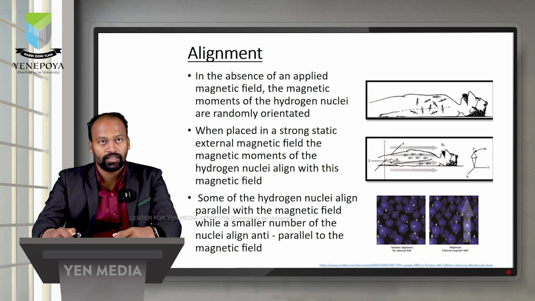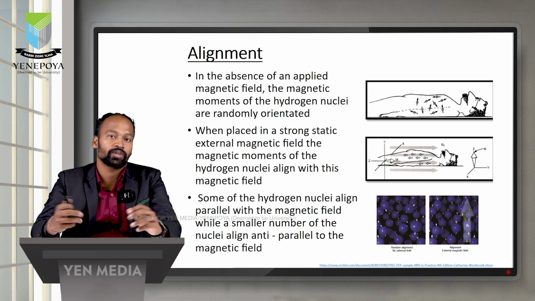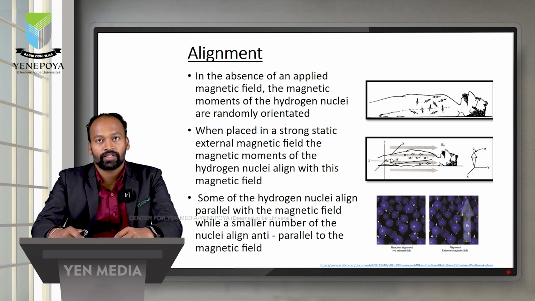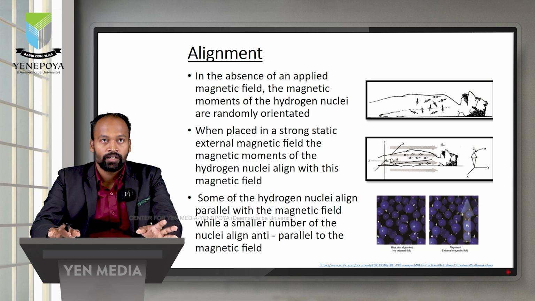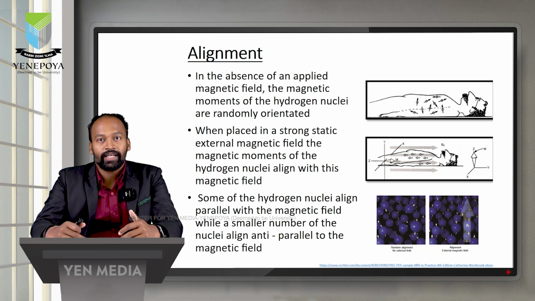Next, we come to the alignment. We all know the hydrogen atoms are randomly oriented in our body. In the first picture we can see that hydrogen atoms are randomly oriented, placed here and there everywhere in our body. Now they have to be aligned.